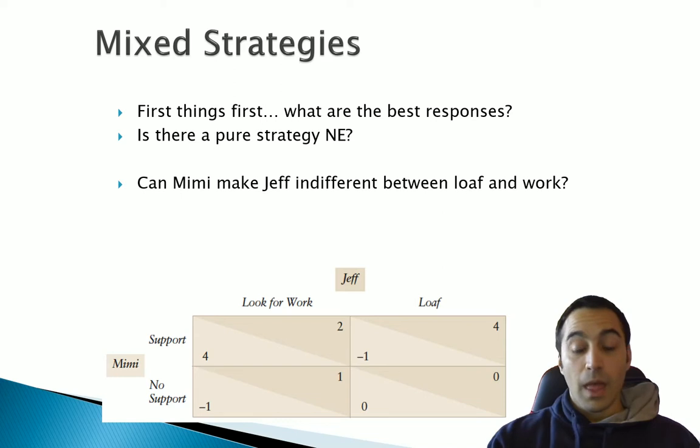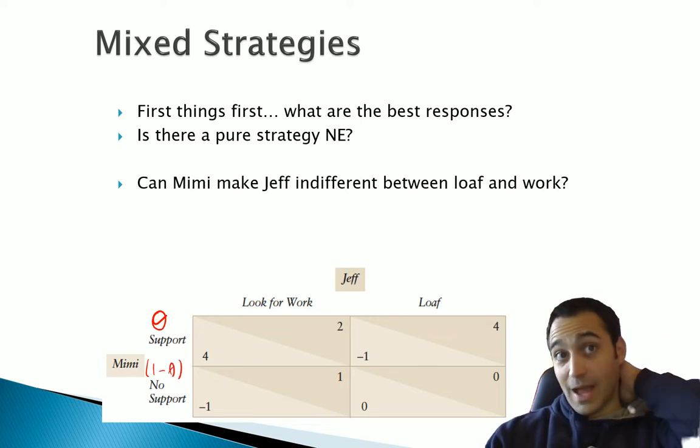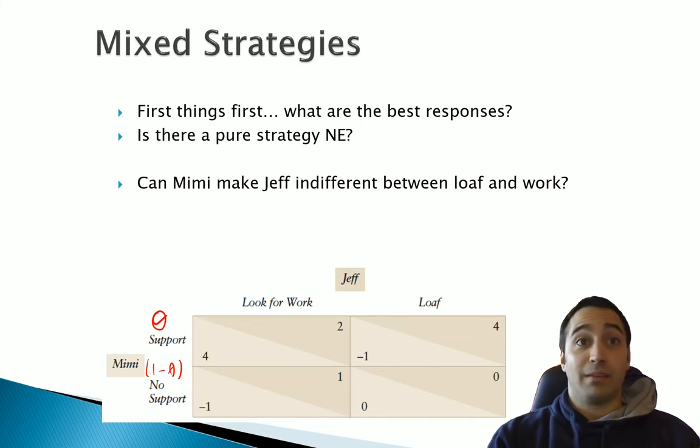In order to make a mixed strategy Nash equilibrium, what we need to do is find, let's call it a theta for Mimi, that she supports him with some theta probability, such that Jeff is indifferent between looking for work and not. That is, if Mimi plays support theta of the time, Jeff will not care, i.e. will get the same utility if he looks for work or does not.